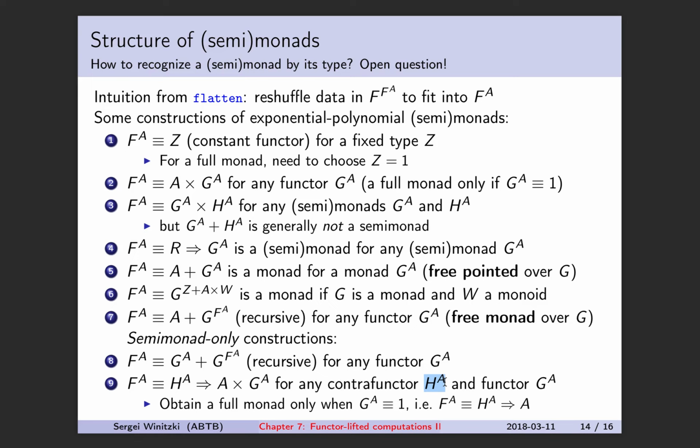I don't know yet what the use case is for those monads. There might be, but at this point, these are just the constructions that I found. And there are a few other constructions that come from monad transformers, but they are less general, and they all require monads. So there are no other constructions I know that take an arbitrary functor, which is itself not a monad, or an arbitrary contrafunctor, and make a monad out of that. These are these two constructions.